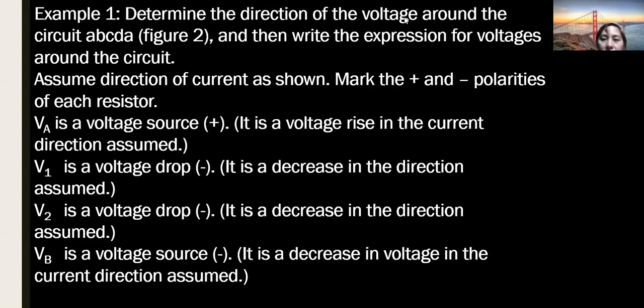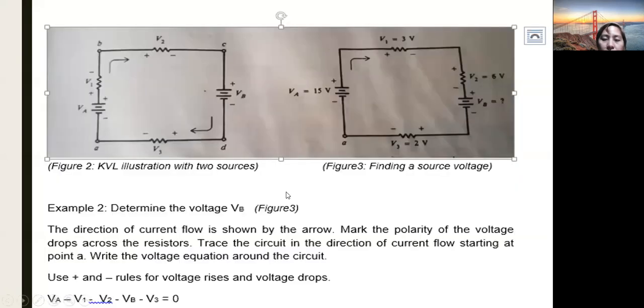Determine the direction of the voltage around the circuit A, B, C, D, and then write the expression for voltages around the circuit. So let us now take a look. Okay, so this is A, B, C, D.